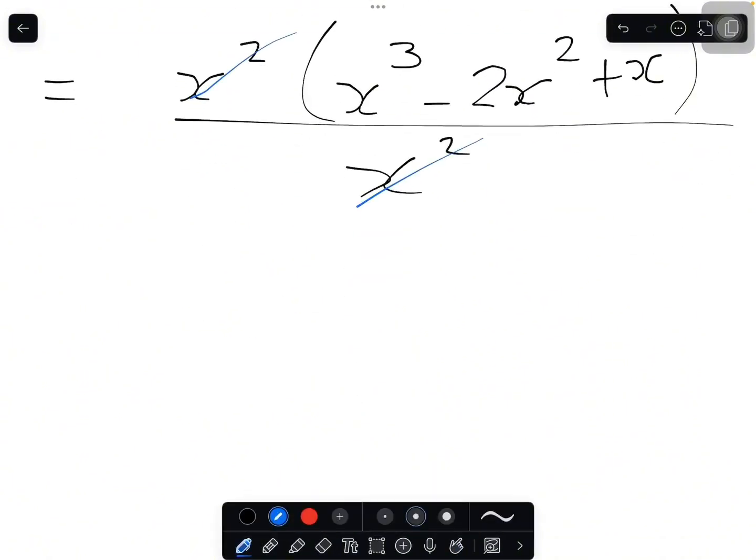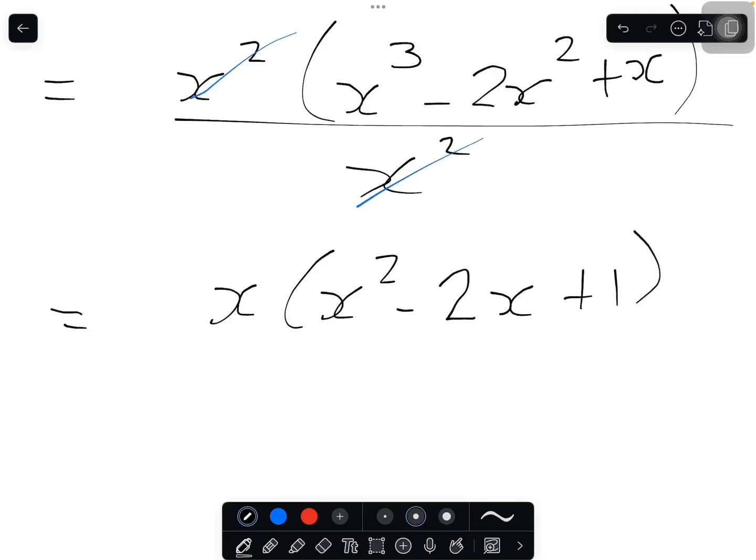And now the terms I am left with, I can remove another common factor of x, which I'll then get x squared minus 2x plus 1. And if I was to factorize this, I'll get x into x plus 1 squared.